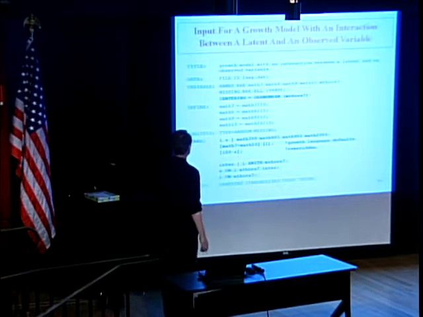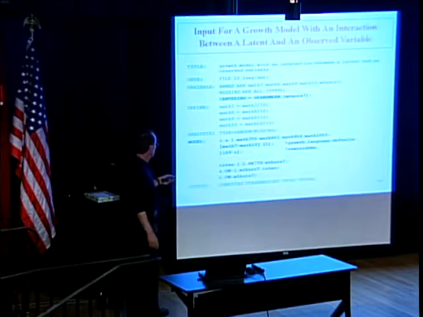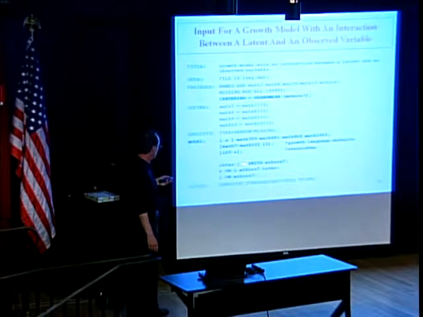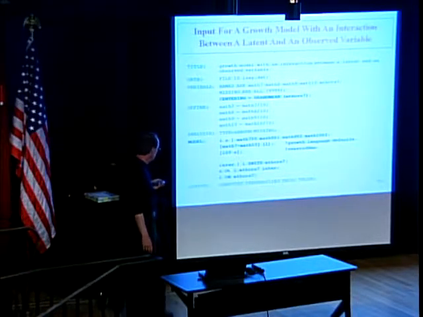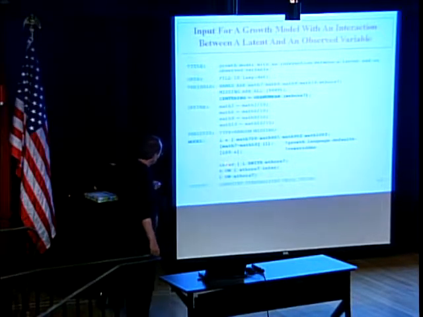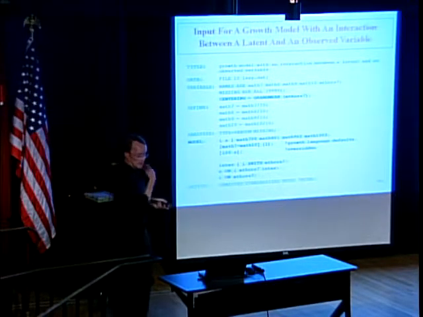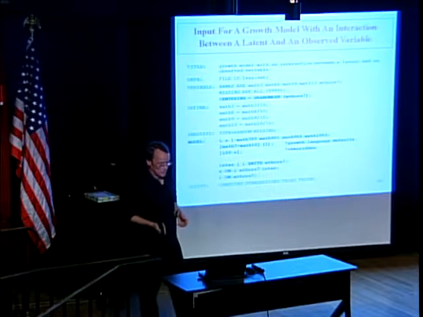So we're going to use the xwidth command here on the left screen, which says that we are interacting I with math courses 7. We're creating the product of the two, and we're calling that inter as an interaction. So we're creating an interaction variable, and we want to use this approach when one of the two variables is latent. Both of them can be latent, which then covers latent variable interaction models of the kind.